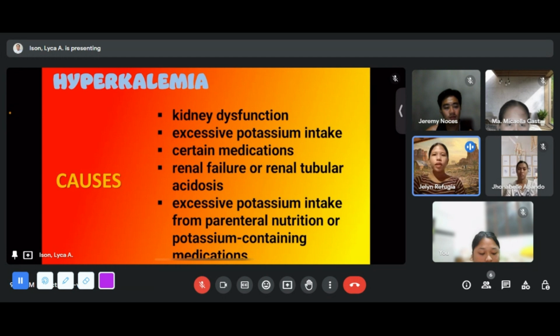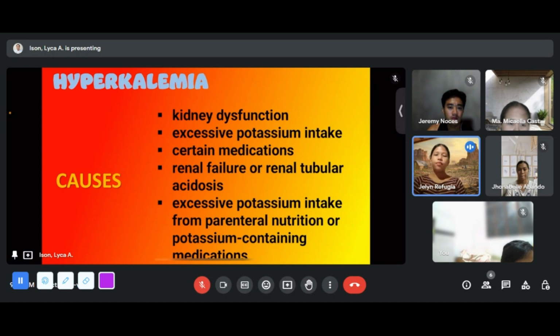So now let's move on to the causes. First is kidney dysfunction. So dito sa kidney dysfunction, the kidneys do not work as well as they should. And then next is excessive potassium intake or sobra yung potassium sa dugo. And then certain medications, renal failure or renal tubular acidosis.